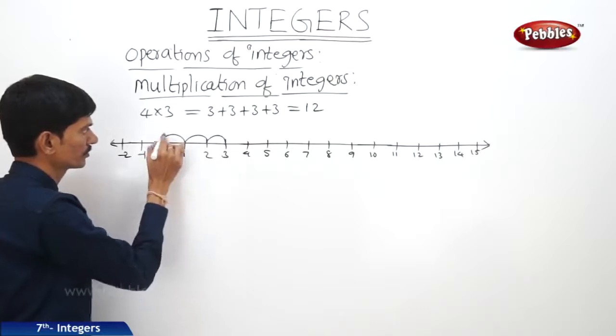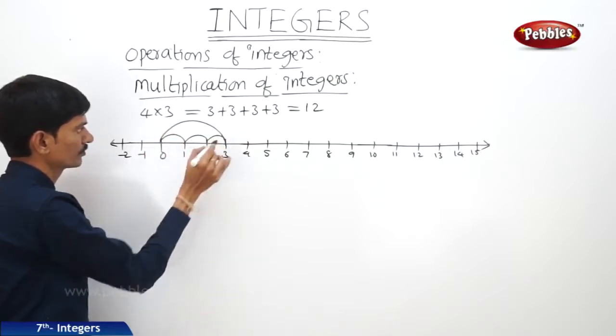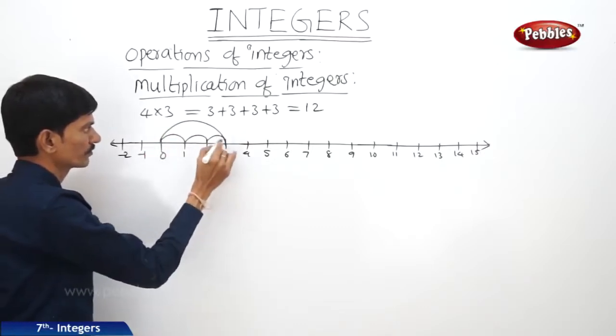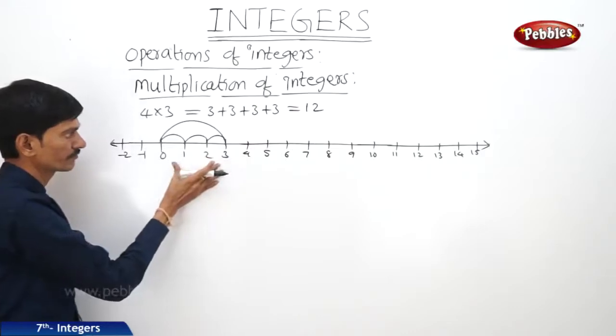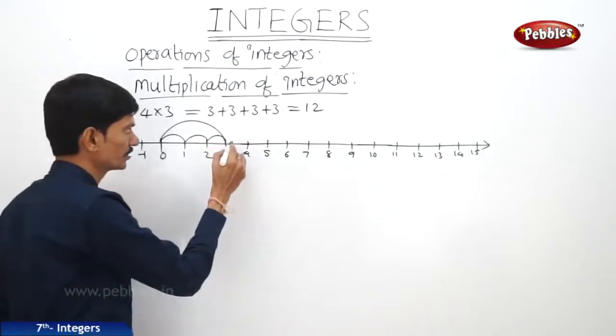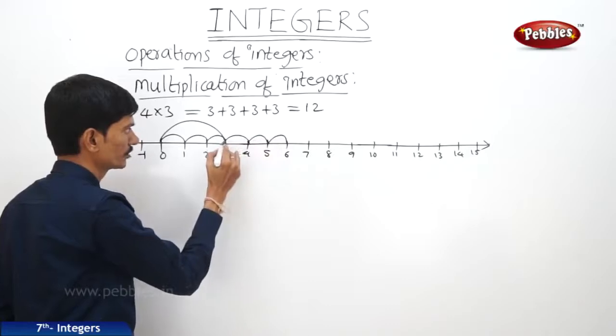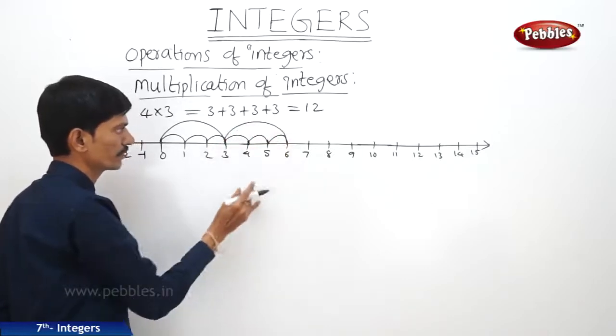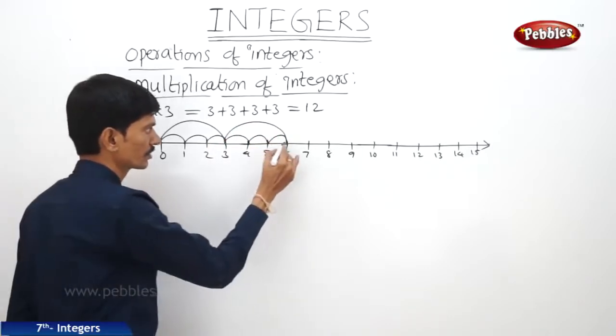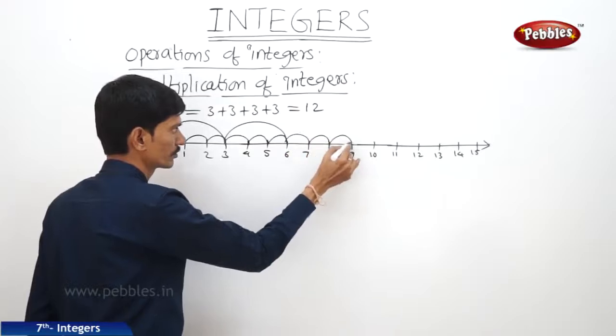So this is the first jump of 3 steps. Then again the second jump of 3 steps, 1, 2, 3.